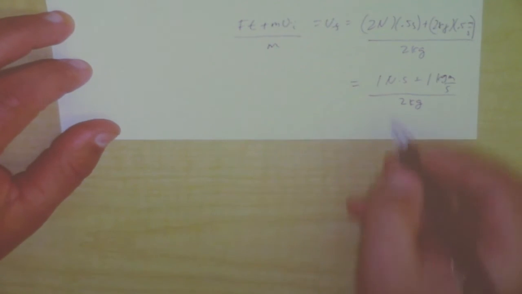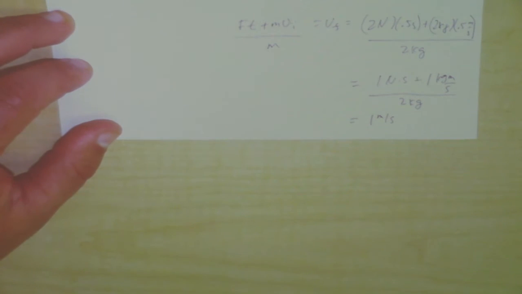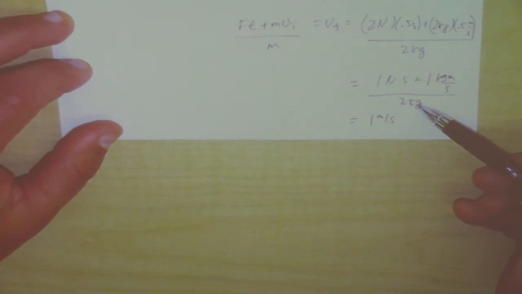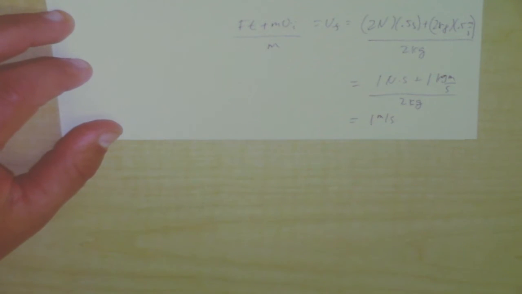Remember, those are the same things, though, divided by 2 kilograms. So it looks like we end up with 1 meter per second. Right, the kilograms cancel out. So we go from 0.5 up to 1. So we're moving towards the right.